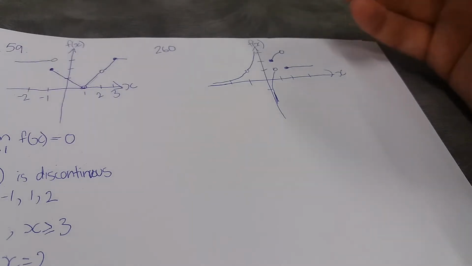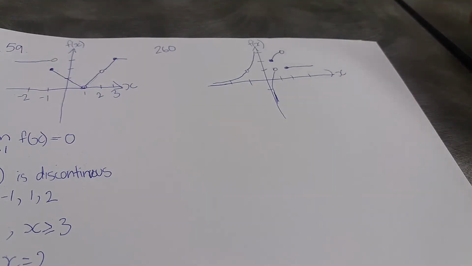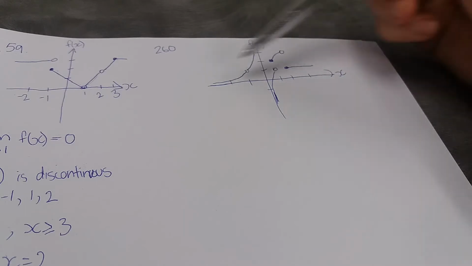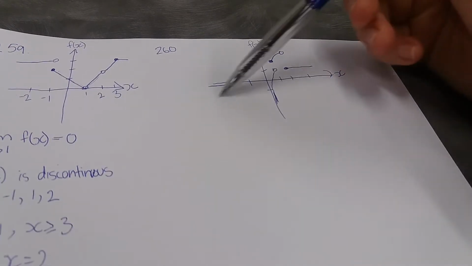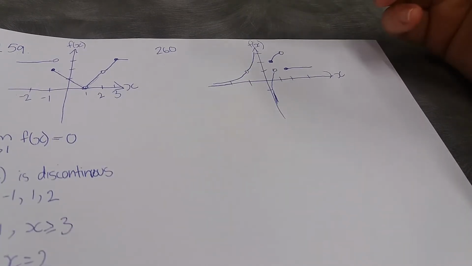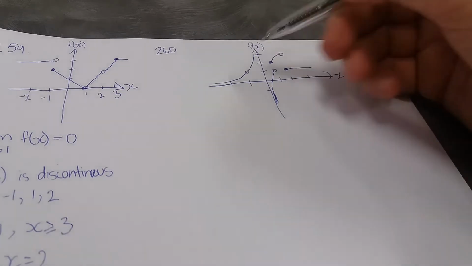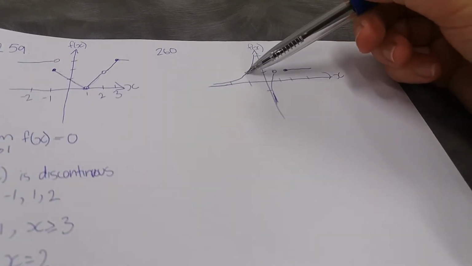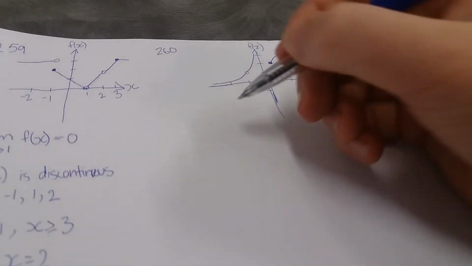Okay, so the domain is like the range, but for the x direction. So the domain here for the function is anywhere that x exists. So you can see that x exists when it's less than -1.